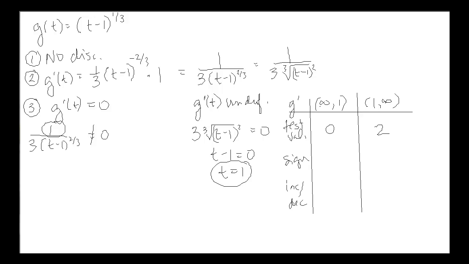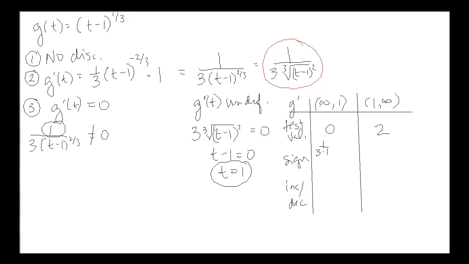Okay, so if I plug that in, what do I get here? Let's remind ourselves where our derivative is. That would be 1 over 3 times, 0 minus 1 would be negative 1. Square that would be positive 1. Take the cube root of positive 1, that's 1.